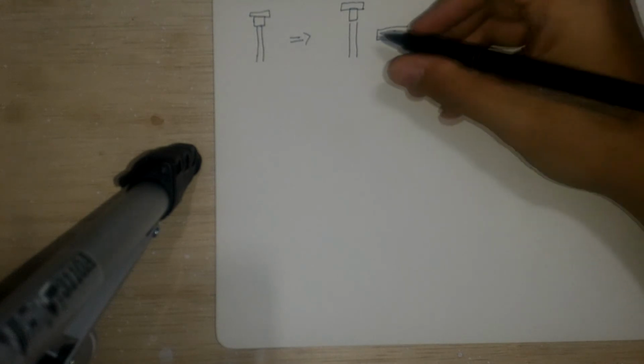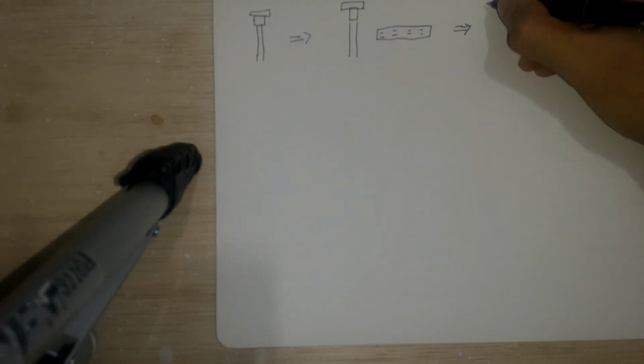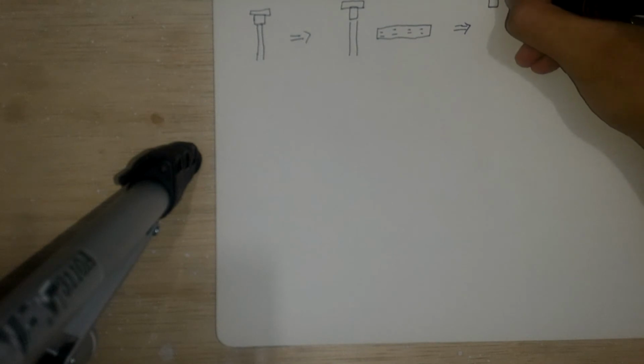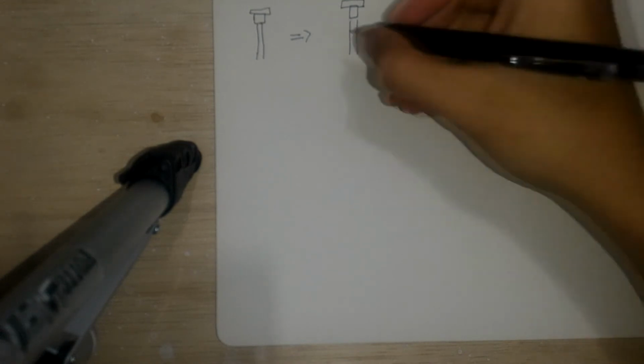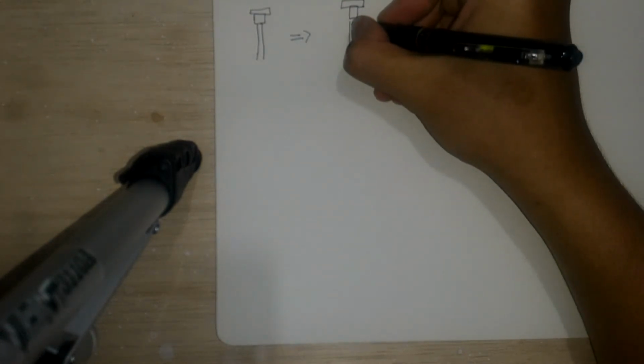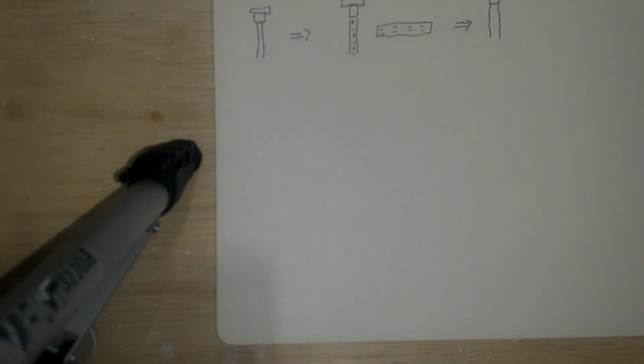So when we put a negatively charged ruler closer, the water will stay neutral, but over here the positions of positive and negative charge are just randomly positioned.